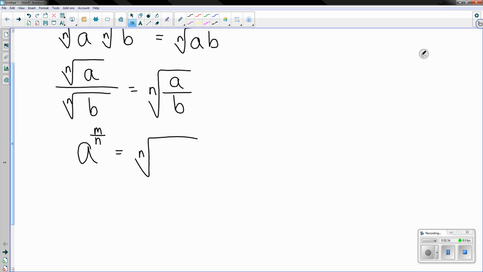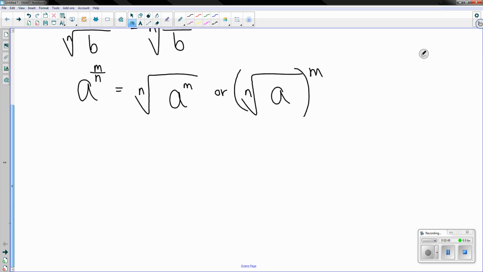That numerator m tells you what the power of the expression underneath needs to be raised to, or you could format it as the nth root of A all to the power of m. So both of these work, and the reason why is because A to the m over n can be restructured as A to the m times 1 over n, or A to the 1 over n times m.